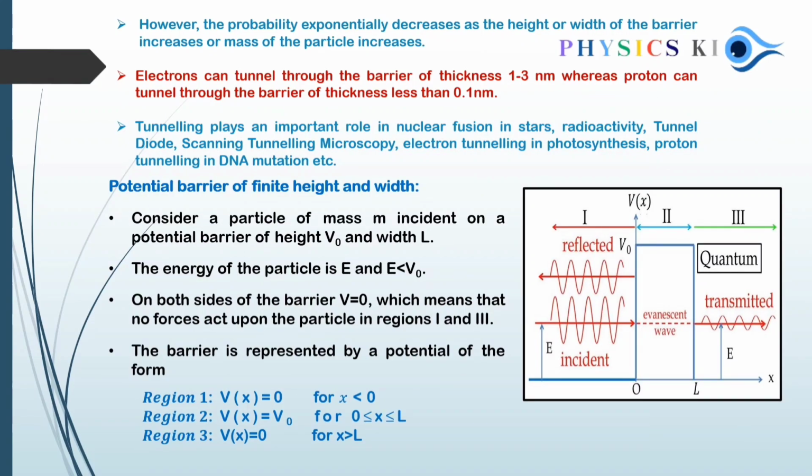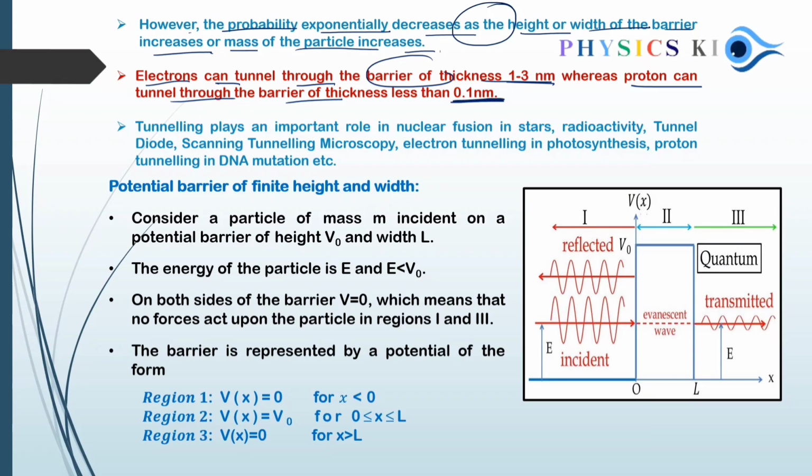Now write down the simplified version. However, the probability decreases exponentially as the height or width of the barrier increases or the mass of the particle increases. Very simple. And one or two examples are here. Electrons can tunnel through a barrier of thickness 1 to 3 nanometer, whereas a proton can tunnel through a barrier of thickness 0.1 nanometer.